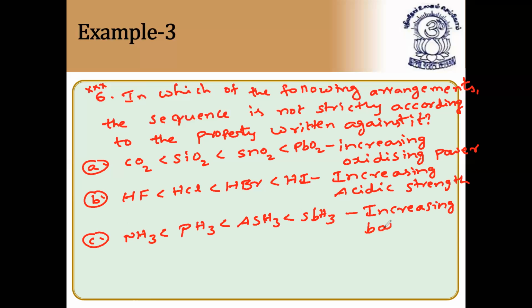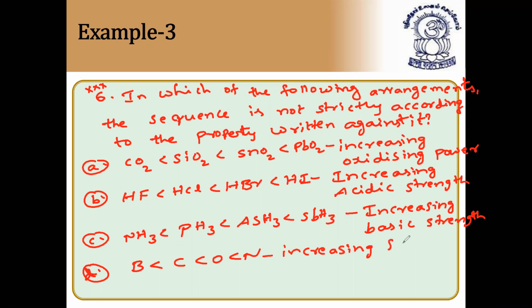And fourth point, option D: B less than C less than O less than N. Sorry, here I forgot to write less than. So boron less than carbon, less than oxygen, less than nitrogen. Increasing first ionization enthalpy.